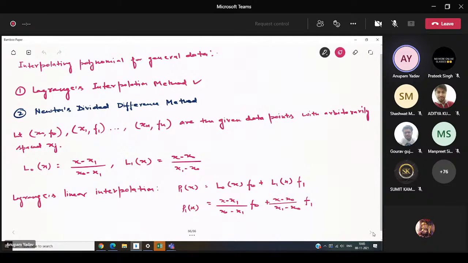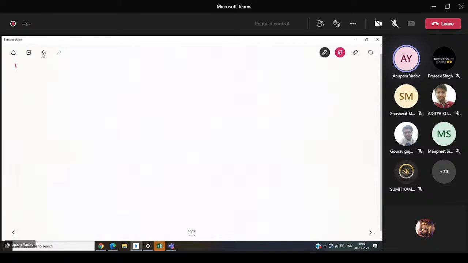Similarly, we can enhance this idea and go for the Lagrange quadratic interpolation.